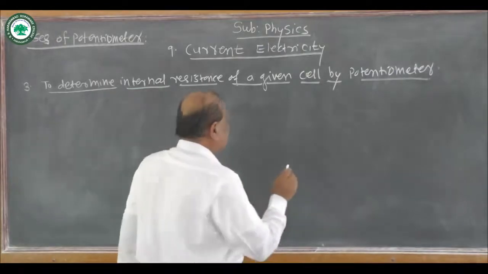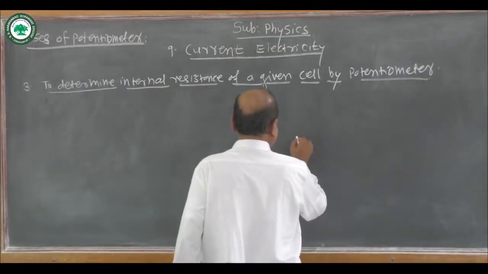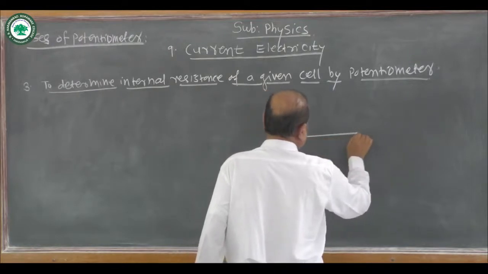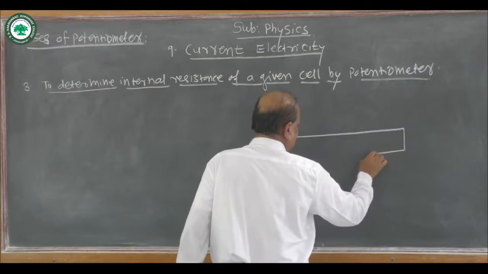For that purpose, draw this circuit diagram. This is the potentiometer, wire AB.